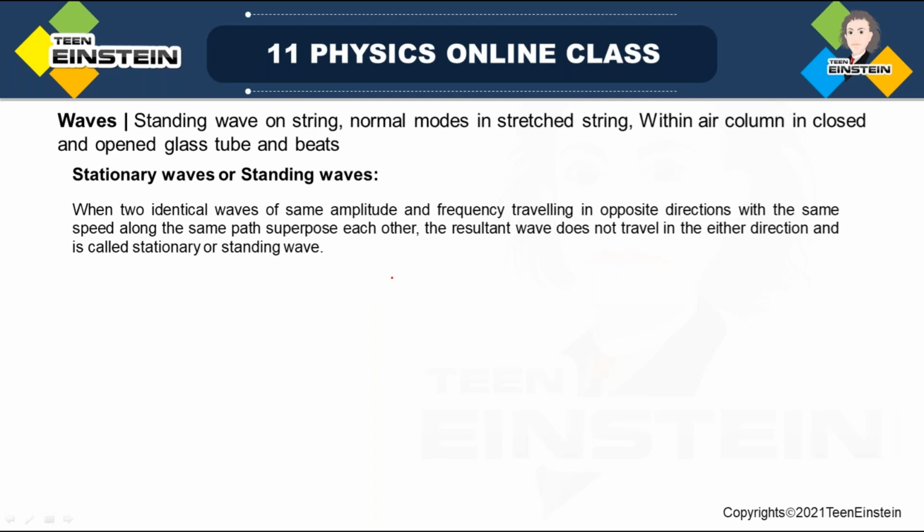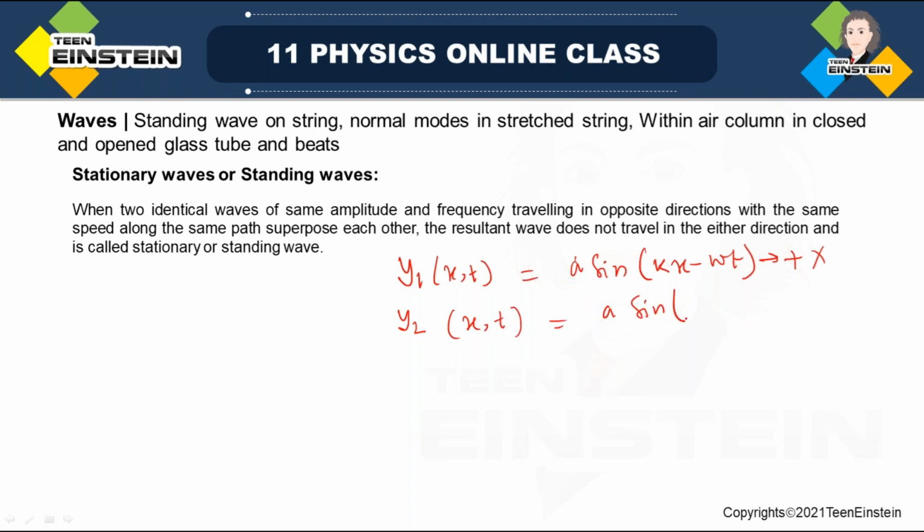See, if we take two traveling waves, A sin(kx − ωt), which is traveling along the positive x direction, and A sin(kx + ωt), traveling along the negative x direction.